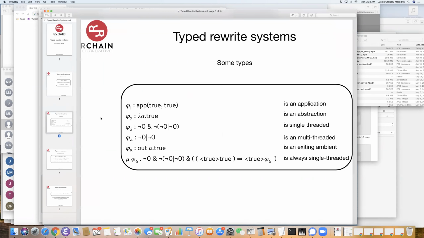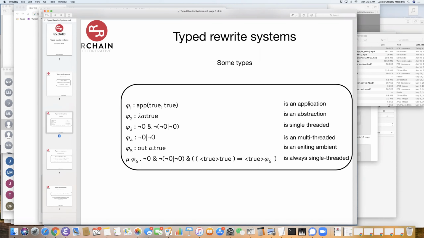All right, so now let's look at some types. We have a type which will check to see whether something is an application. So it's basically the application constructor, and then you can have virtually any term in the function position and any term in the argument position.